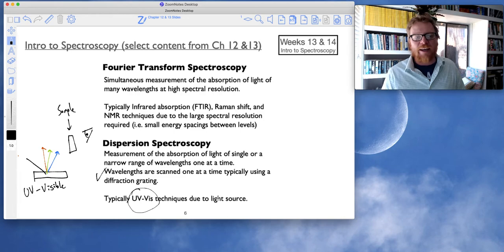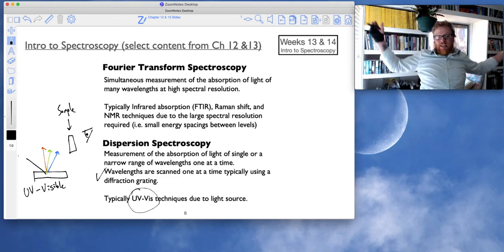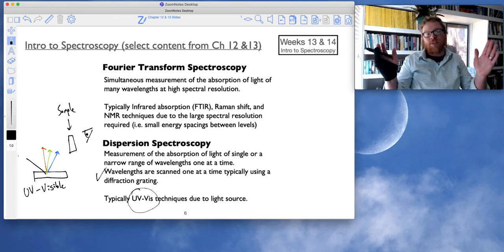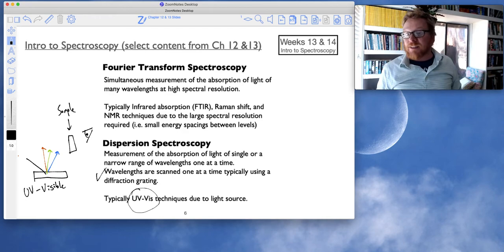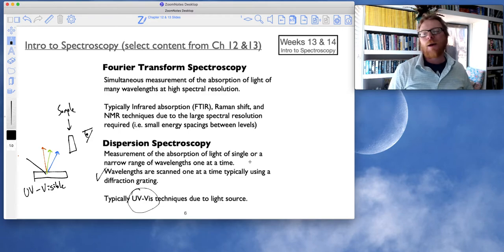These gratings would have to be approaching several meters in size to use FTIR or NMR, particularly if we wanted to use a grating for the radio waves associated with NMR. They'd have to be several meters in length. For IR, perhaps several dozen centimeters in length for the grating. It can be done, but it's not very convenient.